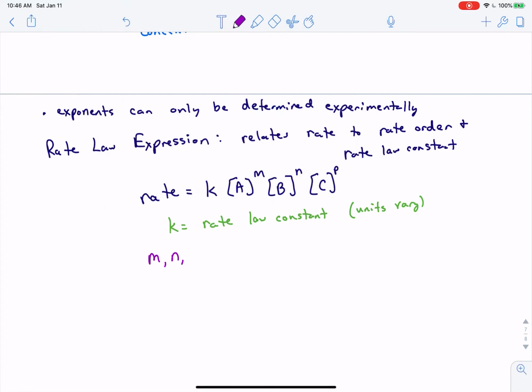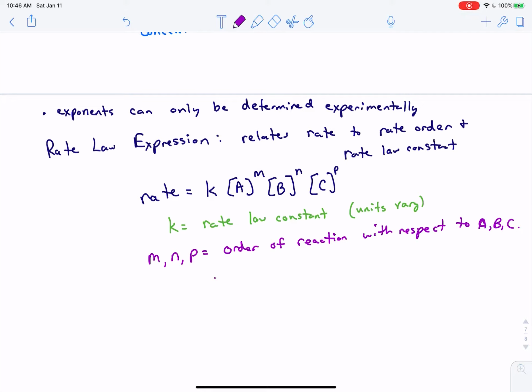M, N, and P are the order of reaction with respect to A, B, and C. So M, whatever exponent that is, you would say that's the order of reaction with respect to A. So if M is 1, you would say A is first order. If N is 2, then B is second order. If P is 0, then C is 0 order.